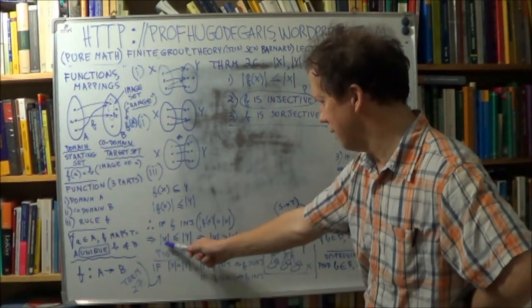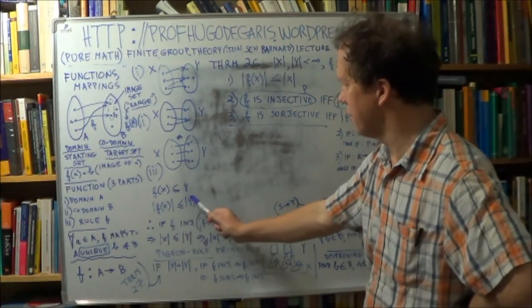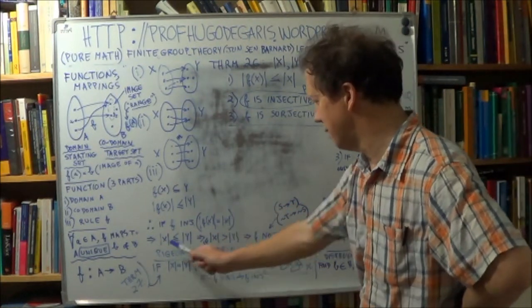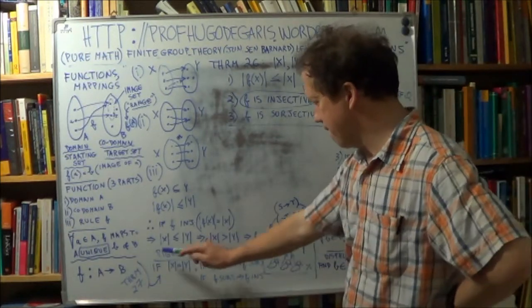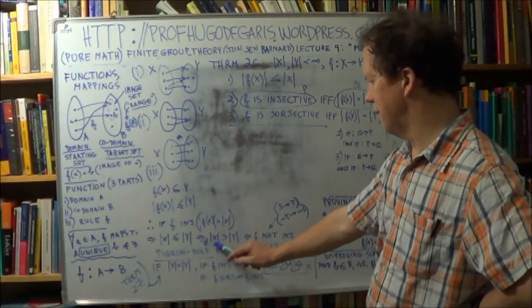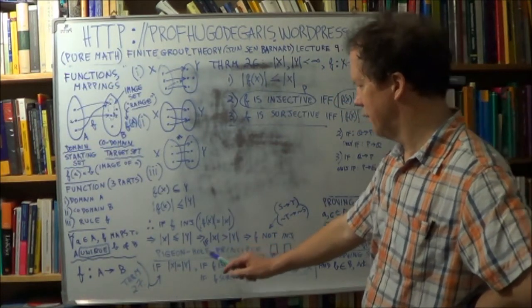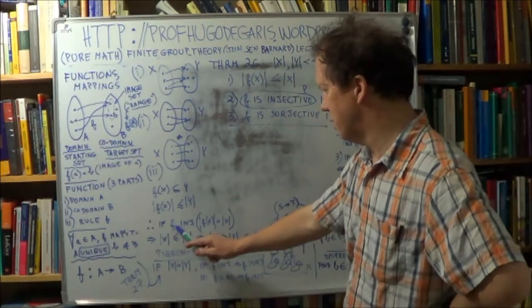So you get this. Okay. So instead of f being less or equal to y, you'll get x less or equal to y. Right? So if that's not true, like if x is bigger than y, so not this, then not this.